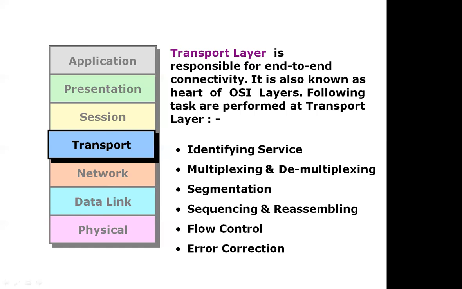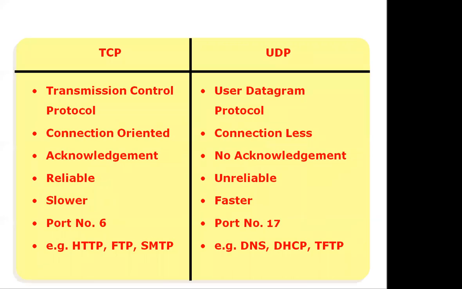Okay, so the first part is identifying services. We know that in services, we have so many protocols, HTTP, FTP. So how to identify services? Simply, they have divided it into two parts, TCP and UDP.